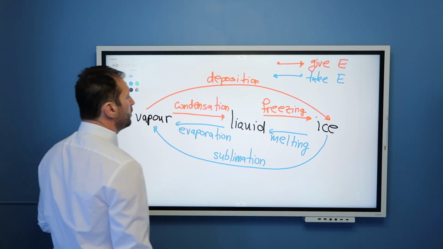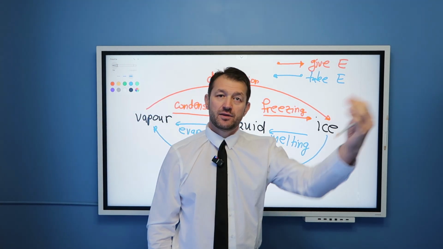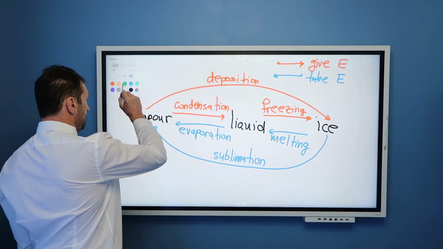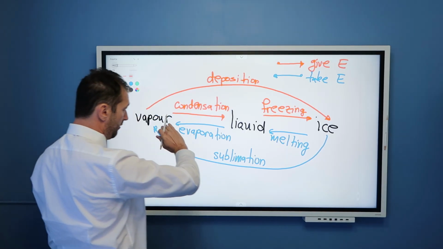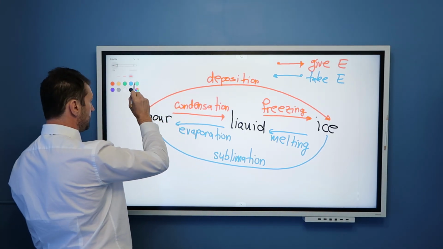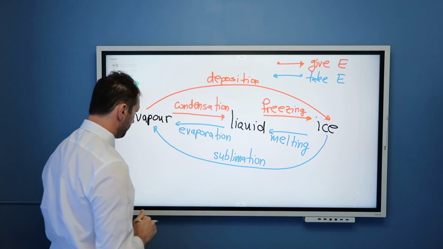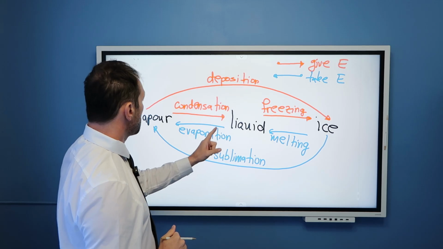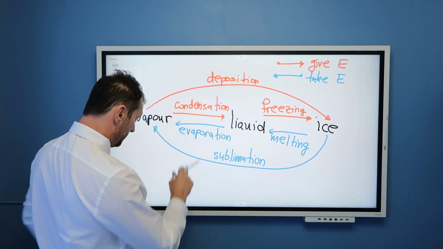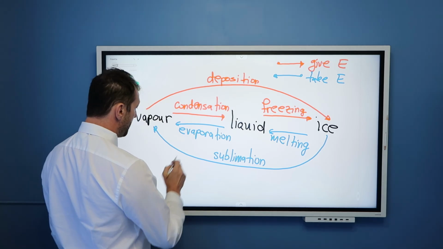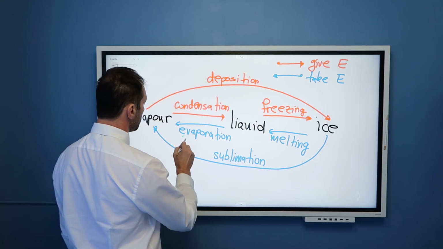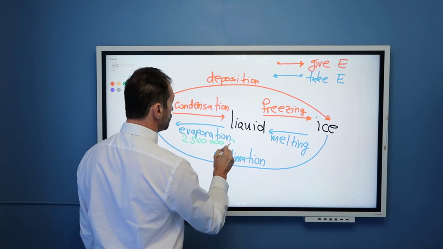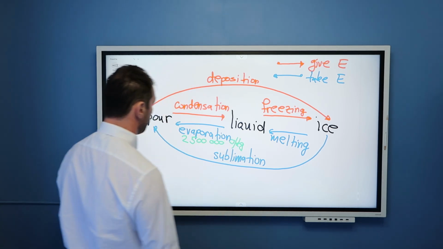Of course, we could ask how much energy these phase changes require. In the case of condensation, or better to say, liquid to vapor, in terms of evaporation, the amount of energy is actually huge. It's 2,500,000 joules per kilogram of water.